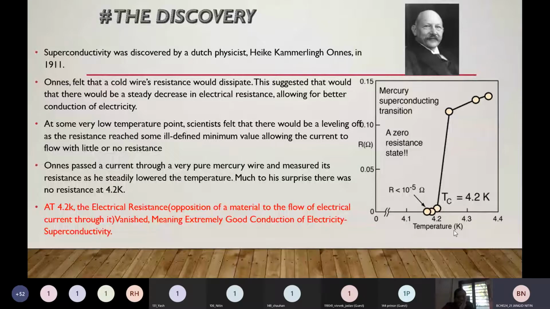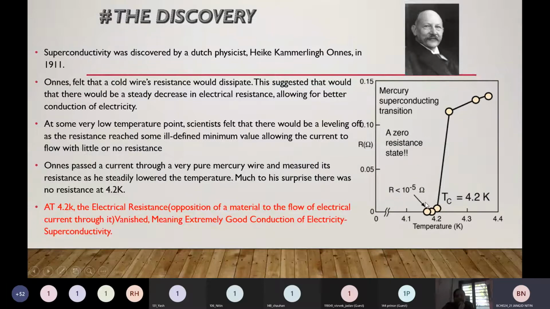But at a certain point, when the temperature was 4.2 K, the resistivity dropped very suddenly. Onnes felt that as the wire got colder, the resistance would dissipate, suggesting a steady decrease in electrical resistance, allowing for better conduction of electricity. But when the temperature suddenly decreased, the resistivity also dropped suddenly.